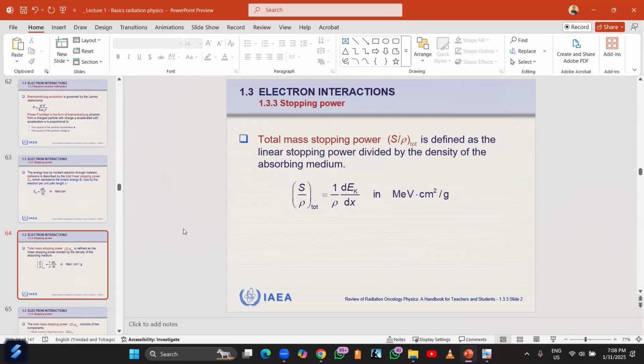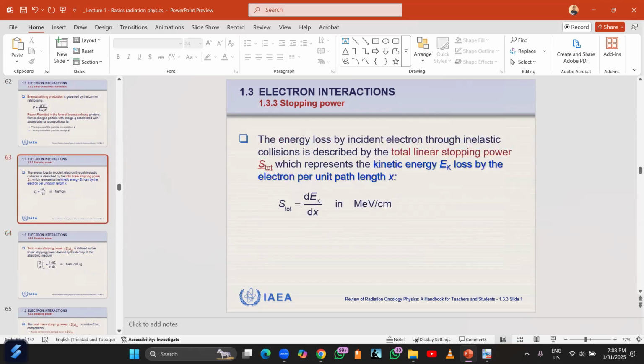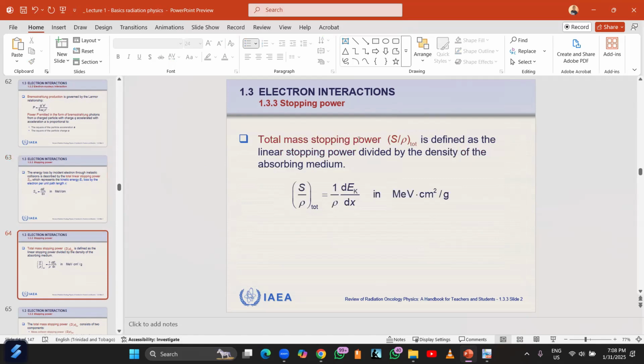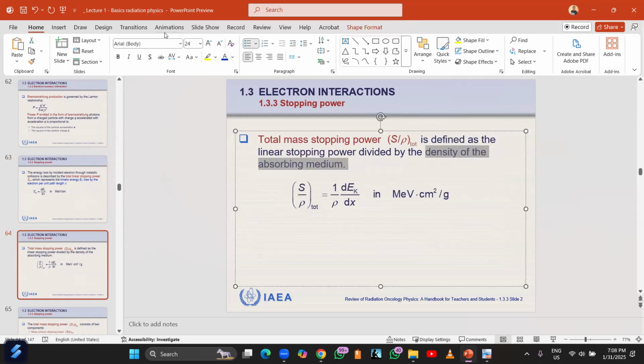Right? Mass stopping power, on the other hand, is simply the linear stopping power divided by the density of the medium. So the linear stopping power has no relationship to the medium, but mass stopping power takes into account the density of the absorbing medium.